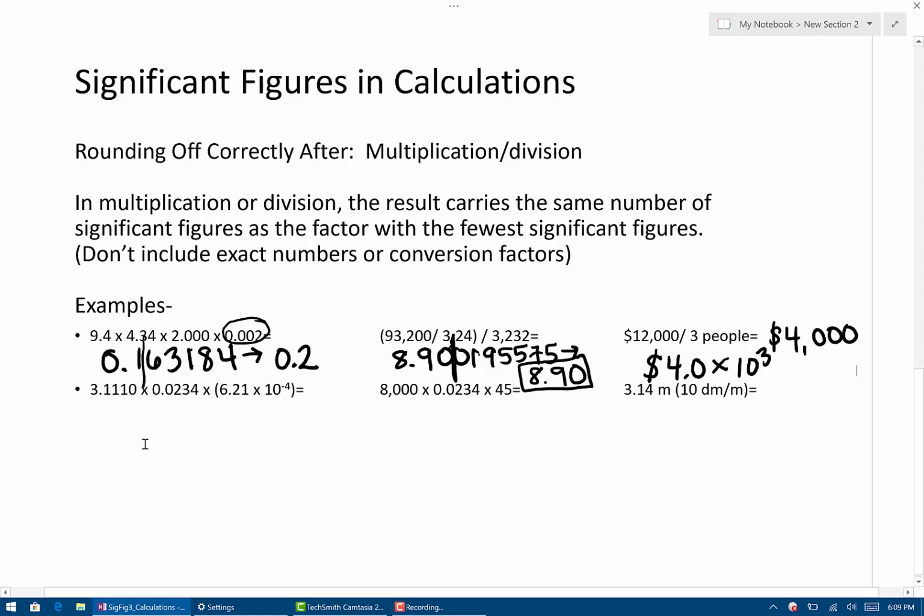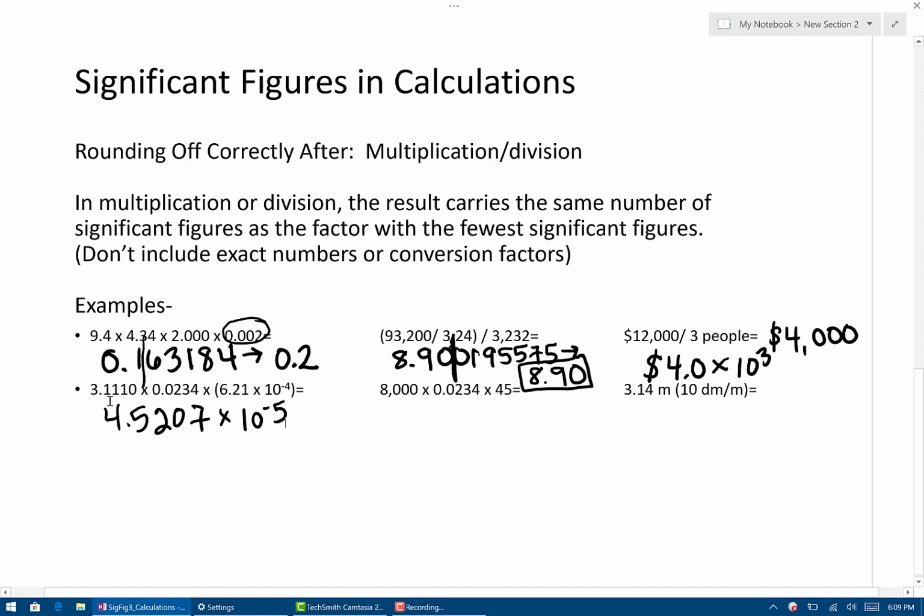Okay. Looking at this problem, bottom left, 3.1110 times 0.0234 times 6.21 times 10 to the negative fourth, you get 4.5207 times 10 to the negative fifth. Okay.